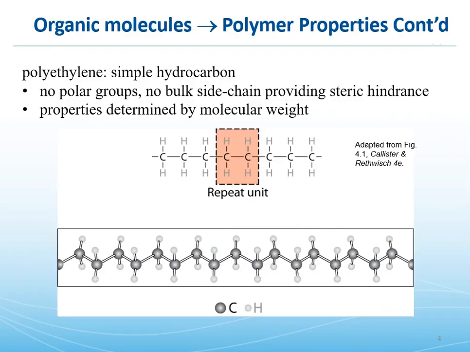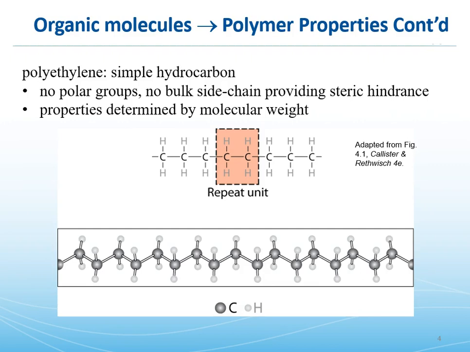Okay, zeroing in on polyethylene, since it's probably the simplest polymer that we can envision. What characterizes it? No polar groups. It's a very non-polar molecule, so not only is the backbone covalent, all of the side groups are covalently bonded into the backbone, and there's almost no charge separation within those bonds.